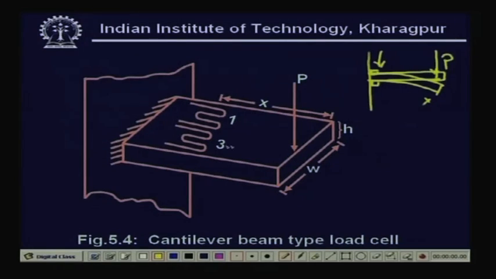And we have taken dimensions: the width of this cantilever is W, height is H, and I am applying a force at a distance of x from the midpoint of the strain gauges.